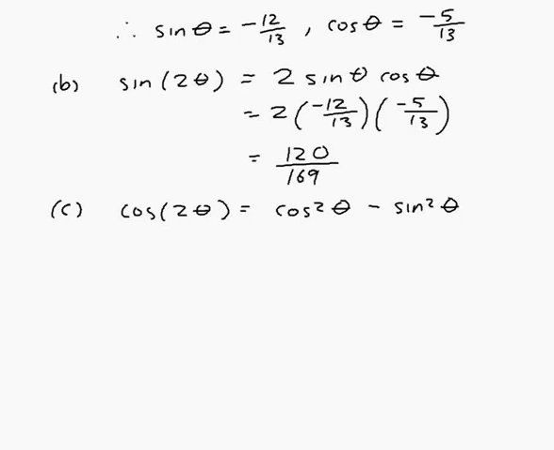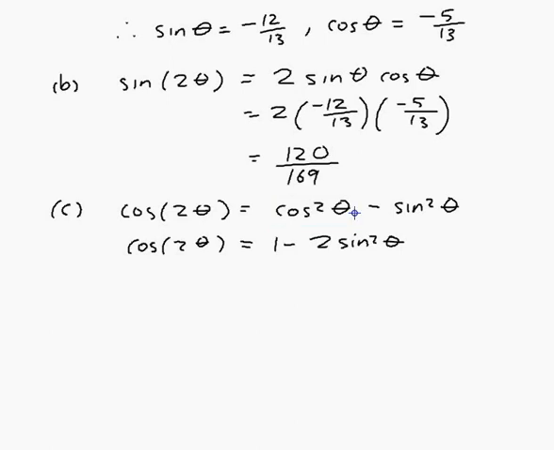Okay, but again, I'm going to have a problem with the cos theta in the middle there, so what about cos 2 theta is equal to 1 minus 2 sine squared theta. That's one of the other options, which I get by replacing the cos squared theta here by 1 minus sine squared theta. So I get 1 minus sine squared theta minus sine squared theta, which is 1 minus 2 sine squared theta. Let's use that one instead.